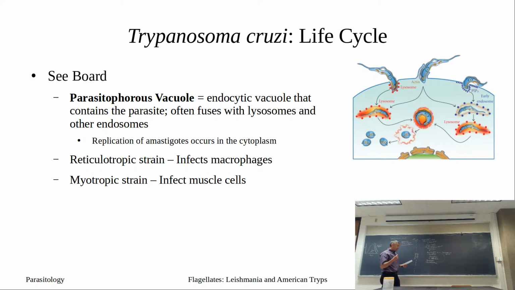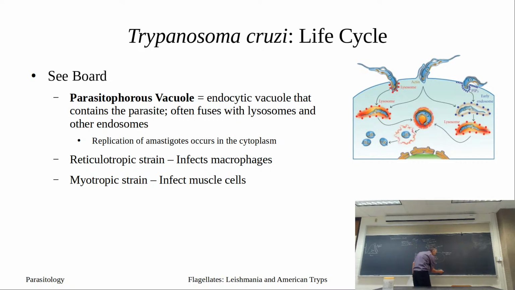All right, but the other one is that sometimes these amastigotes will invade muscle cells. It's not just striated muscles, it's muscle cells. So it'll hit striated, smooth, and cardiac muscles.